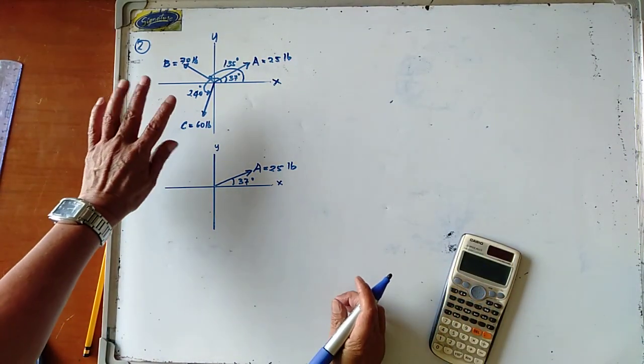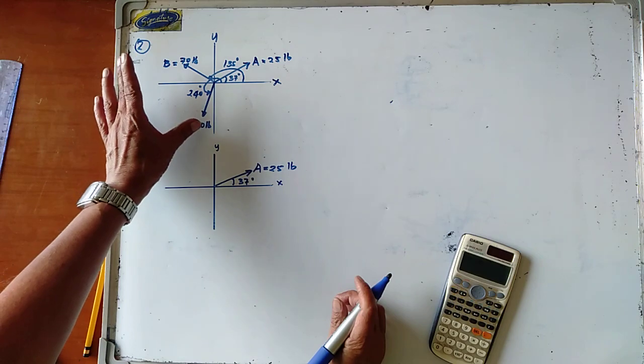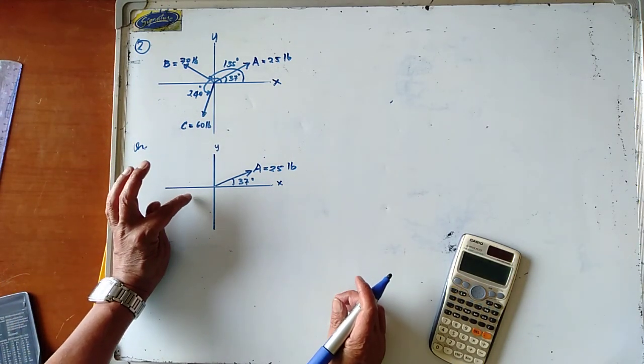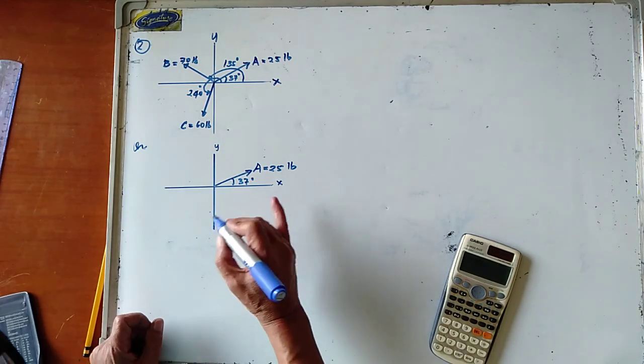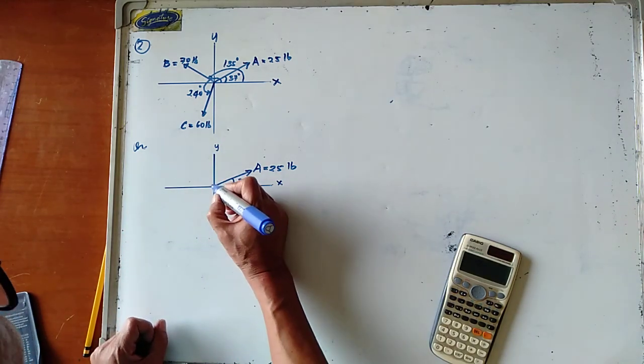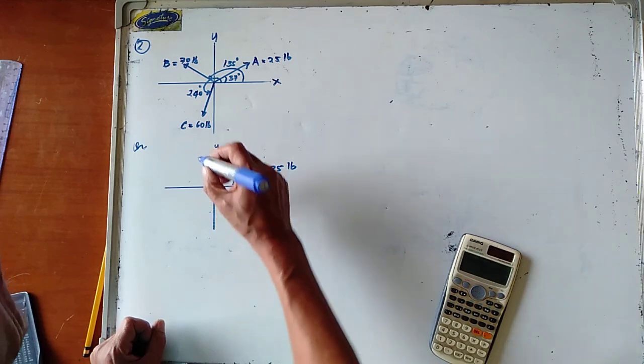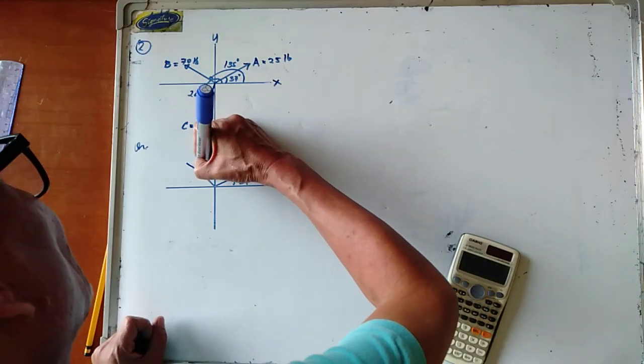Or this force system can be written in this manner. Force A is 25 pounds at 37 degrees with the positive x-axis.